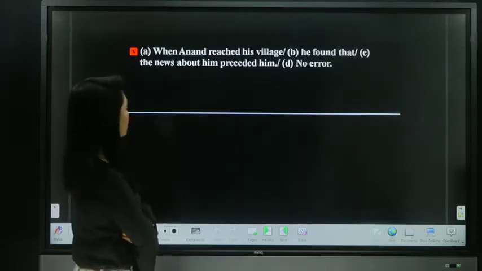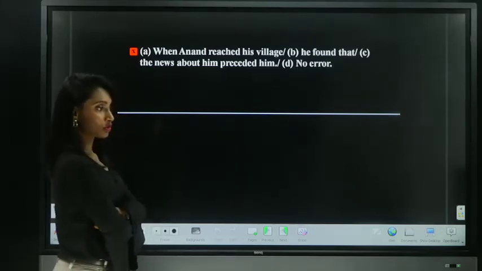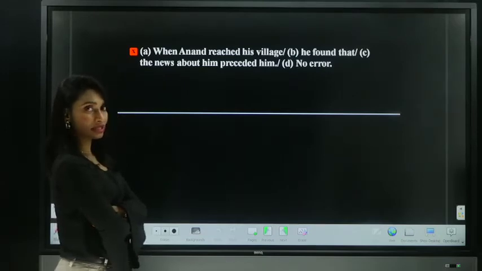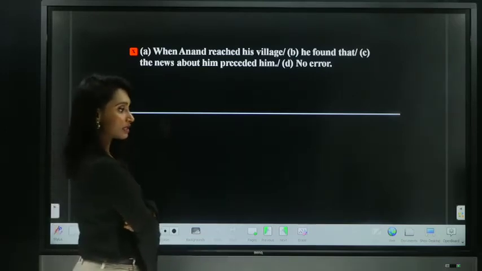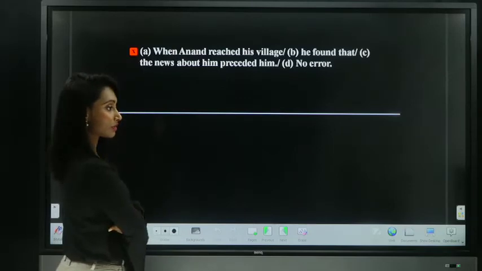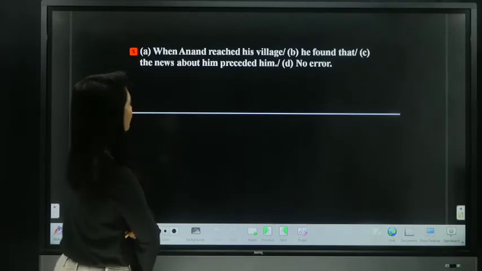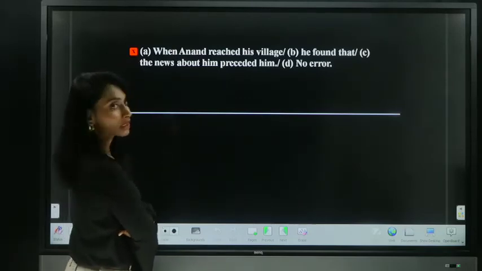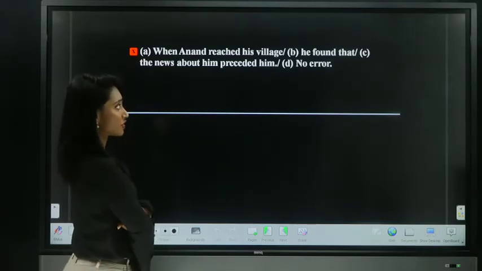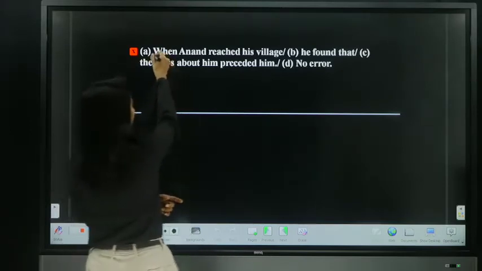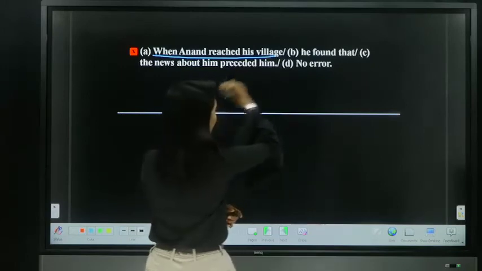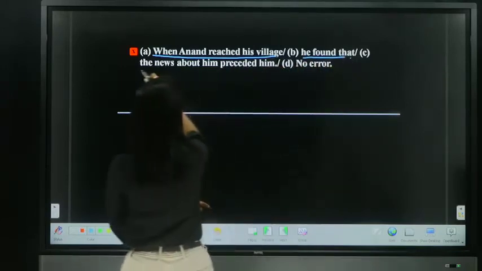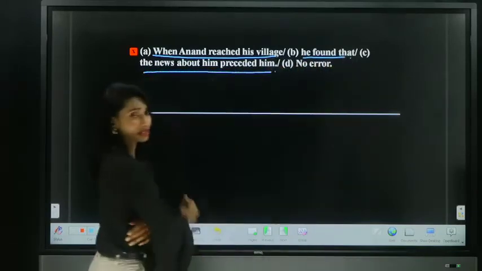No, Angela. No, Sunny. It is option C. So find out what is the correction. See, which is the first action? When Anand reached his village, he found that the news about him preceded him.